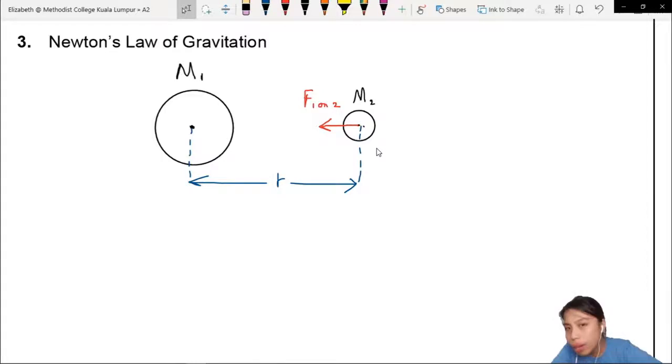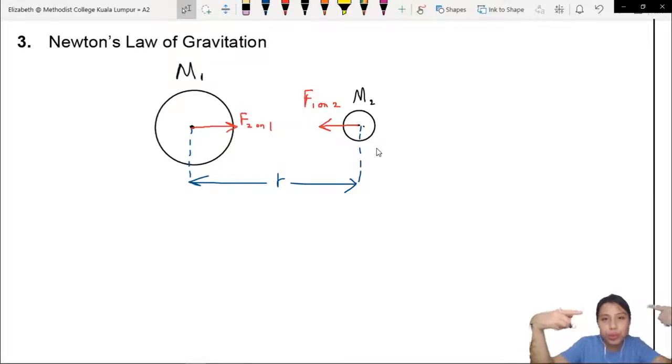Also, the small one will pull the big one towards itself, and that is something like this. This is the force of number 2 pulling on number 1. Two forces. So they attract each other. I attract you, you attract me. They go together like that. So that is Newton's law of gravitation.